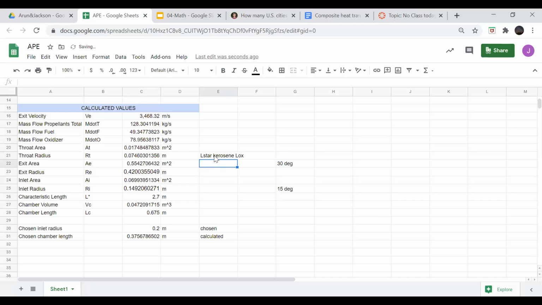And if you don't find anything for a weird propellant combination, just use 2 meters. That would be a safe assumption. And we can always revisit that if we're actually going to build.